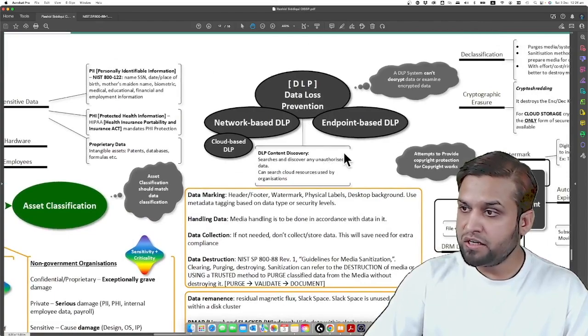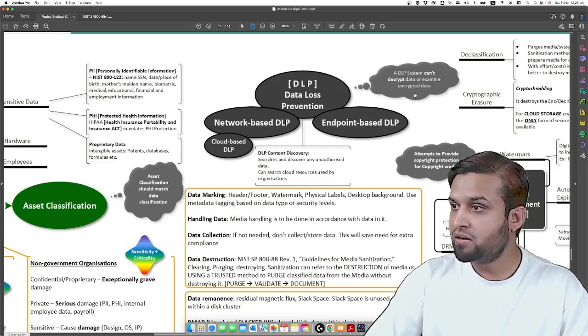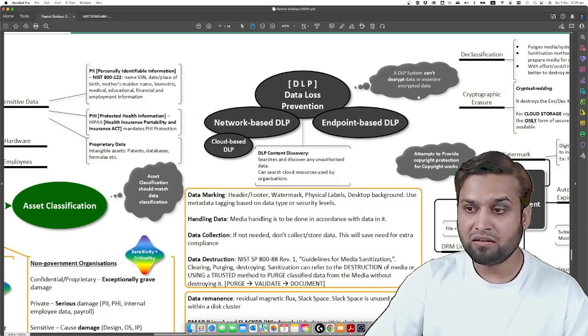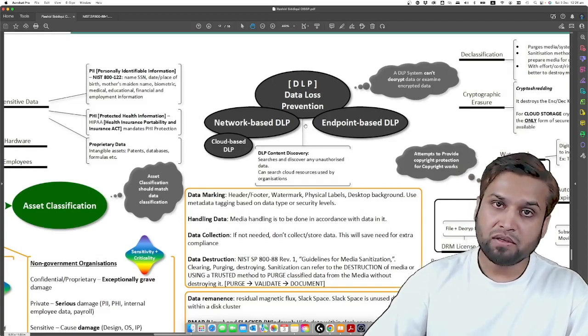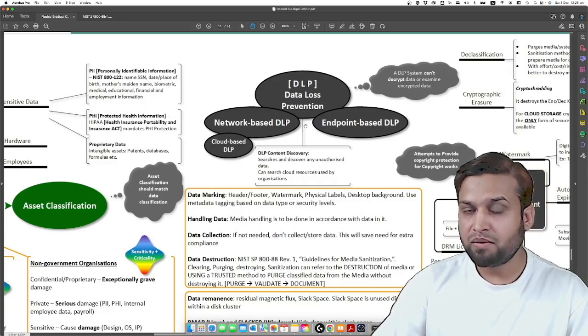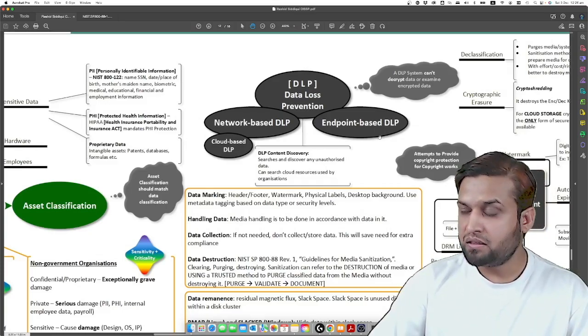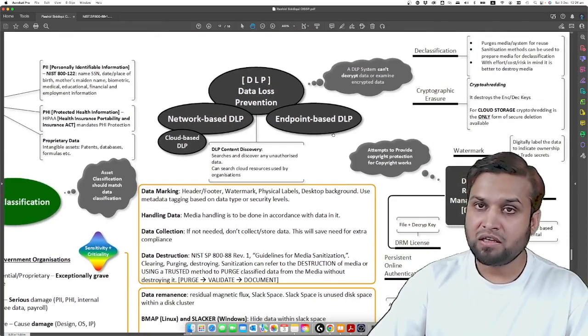Now, when we look into DLP, a DLP system can't decrypt data or examine encrypted data. This is something very critical we should understand. DLP could be network-based DLP, and cloud-based DLP is just like network-based DLP. The other type of DLP is endpoint-based DLP.